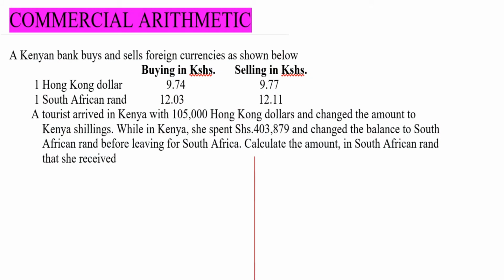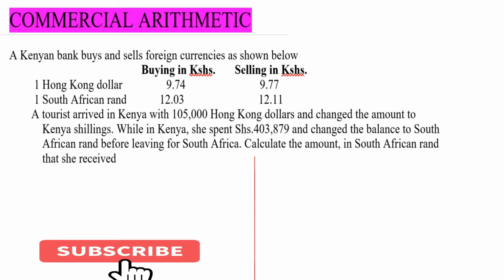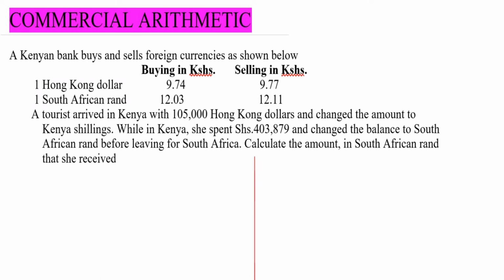Commercial arithmetic, question number 1. A Kenyan bank buys and sells foreign currencies as shown below. 1 Hong Kong dollar buys at 9.74, sells at 9.77. 1 South African rand buys at 12.03, sells at 12.11 Kenyan shillings.